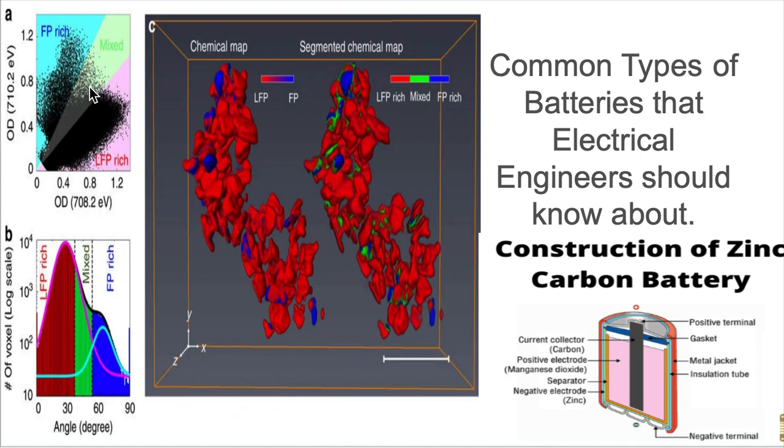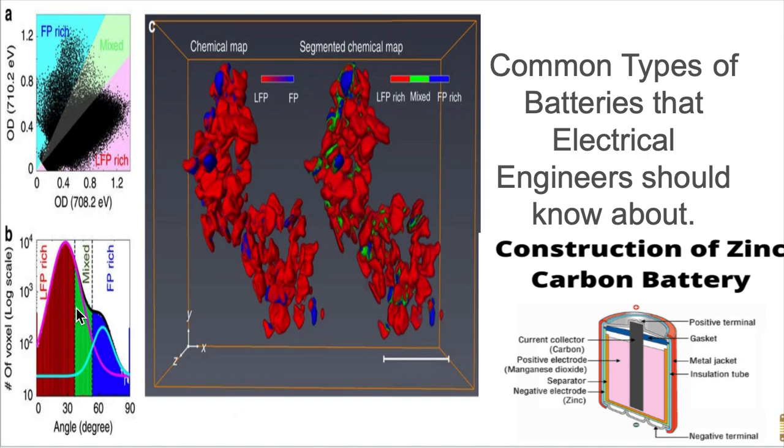Right here on the very left top side of the screen, there's another graph. It's showing the amount of chemical reactions that are occurring in the batteries. And here on the bottom left side, it's like a chart, sort of like a bar graph.